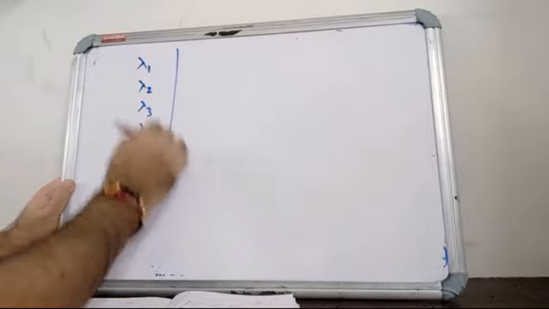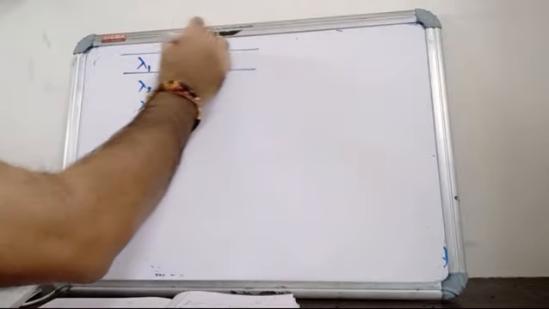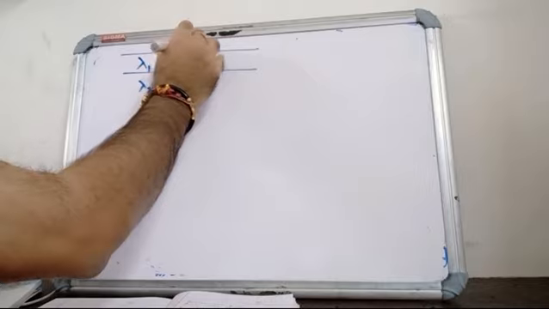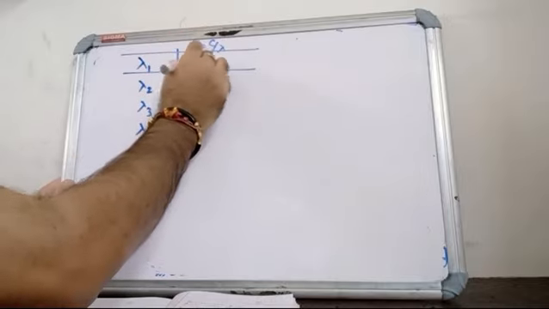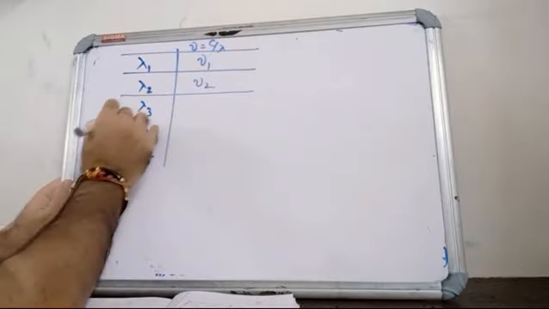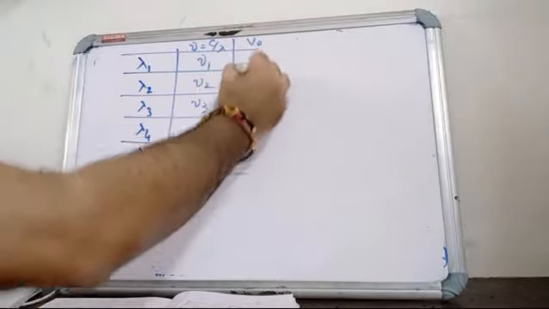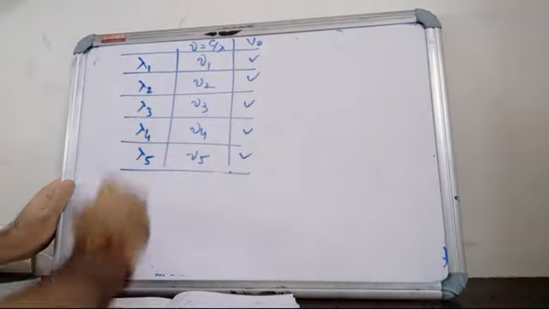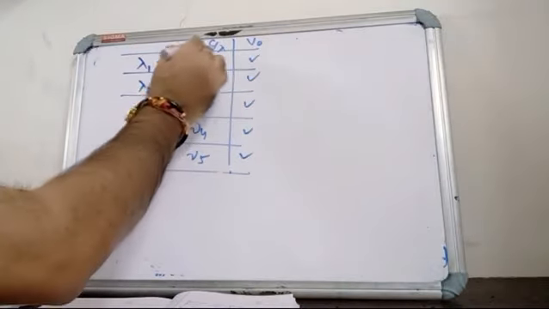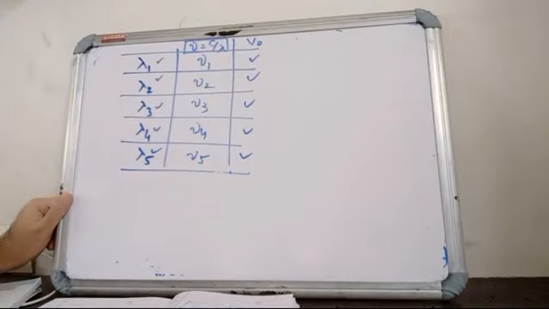Then we have calculated c = f lambda, so nu = c by lambda. So we have calculated nu 1, nu 2, nu 3, nu 4 and nu 5. We have been given the values of stopping potential, and only this much we have calculated. Clear? This is our first understanding.